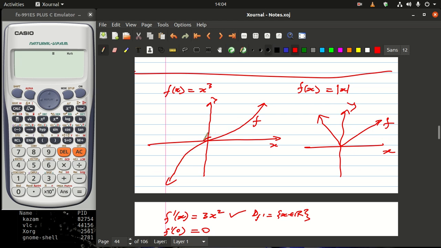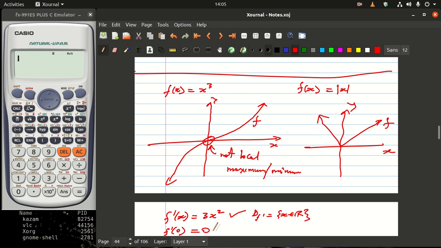If I pick a point on the left of 0, it is less than that point. When I pick a point on the right of 0, it is bigger than that point. So this point here is not a local maximum or minimum, because this function is increasing throughout.